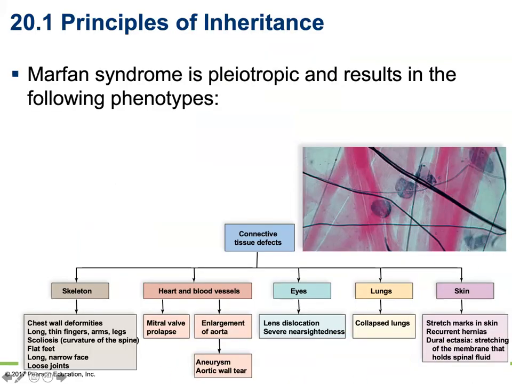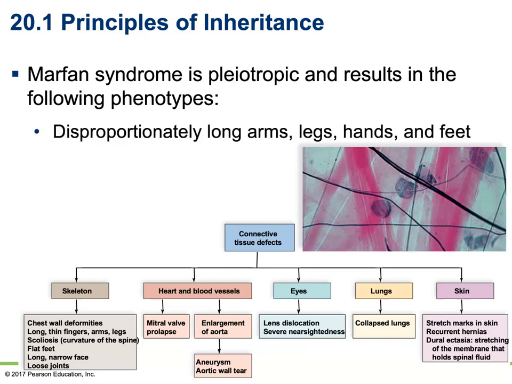Another great example of this would be Marfan syndrome. Marfan syndrome is pleiotropic and it results in the following phenotypes: disproportionately long arms, legs, hands, and feet, a weakened aorta, and poor eyesight. Now, it may seem a little bit weird. What does poor eyesight have to do with a weakened aorta? How is that in any way related to disproportionately long limbs?